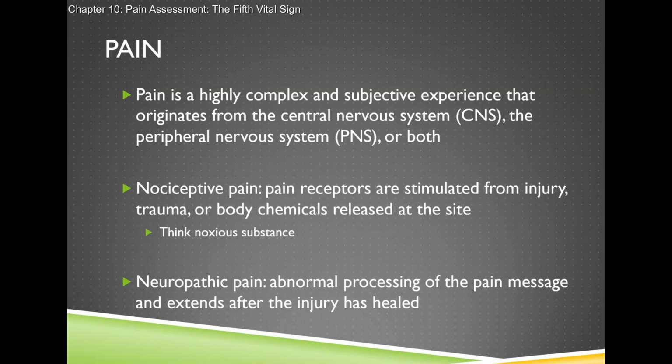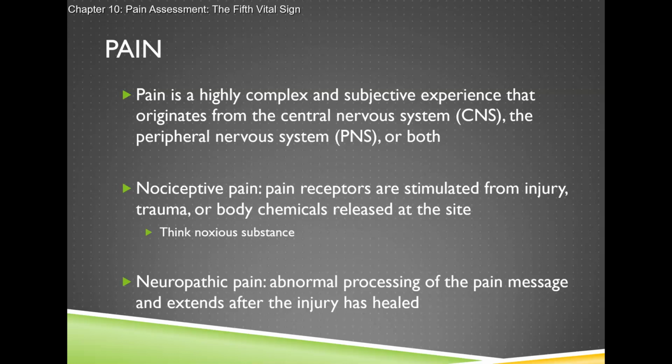These pain receptors develop when functioning and intact nerve fibers in the periphery and the central nervous system are stimulated. It's triggered by events outside of the nervous system, from actual or potential tissue damage.